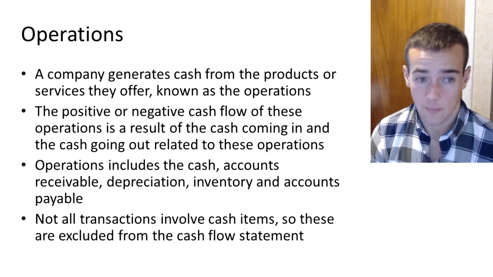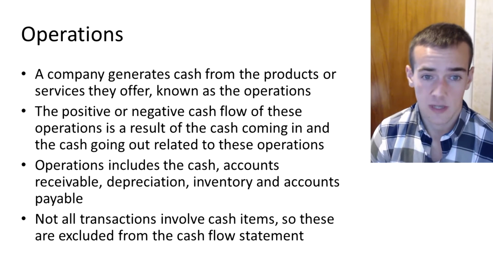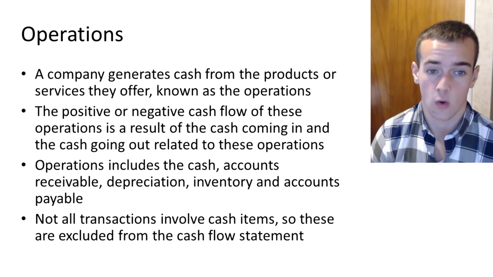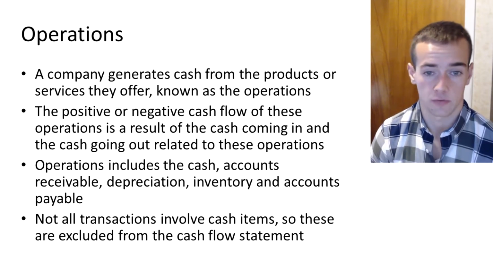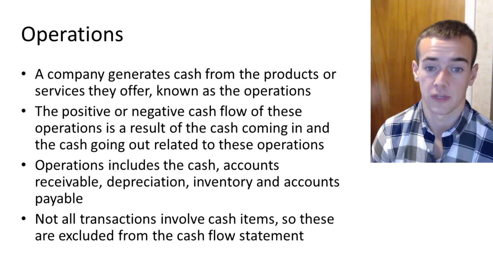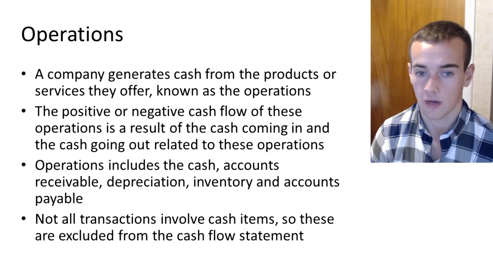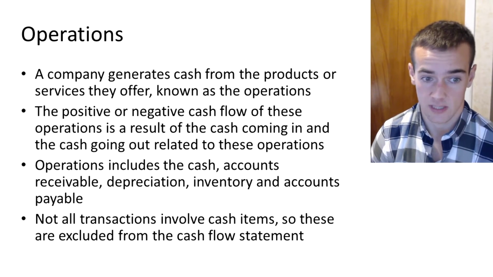First of all, we have operations. So a company generates cash from the products or services they offer, known as the operations. This is the goods and services they provide. The positive or negative cash flow of these operations is a result of the cash coming in and the cash going out related to these operations, related to the goods and services they are selling.